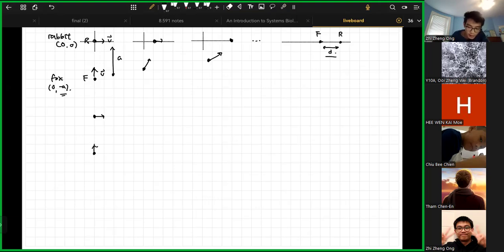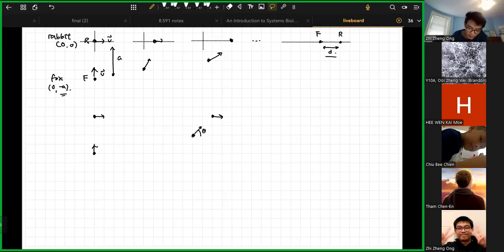Suppose at some general time, the angle between the fox and the rabbit is theta. So what's the displacement between them?